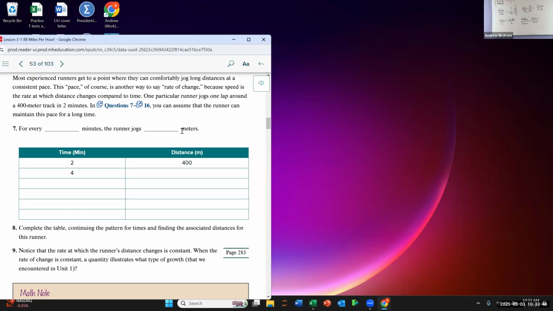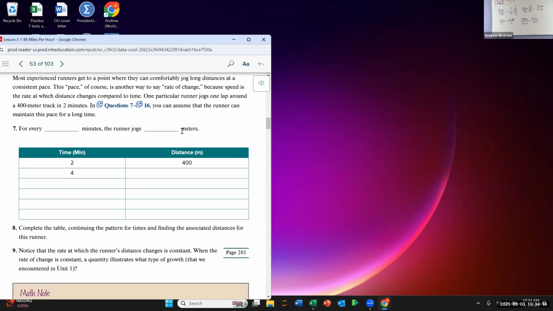So this person can run or jog at 200 meters per minute. So where it says for every blank minutes, for every 1 minute, the runner jogs 200 meters.